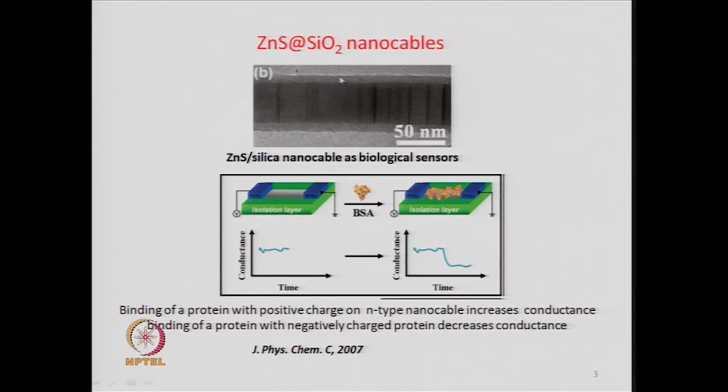The nano cable with silica on the shell normally has a negative charge, that is the property of silica surfaces. So, a protein which has a positive charge will sit on it easily.